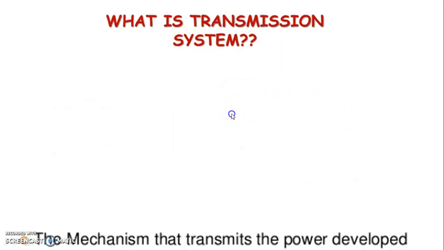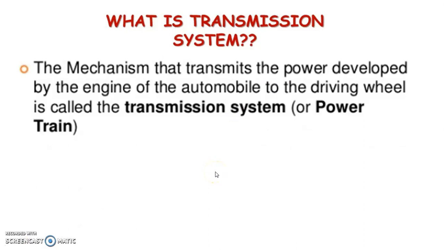What is the transmission system? The mechanism that transmits the power developed by the engine of the automobile to the driving wheels is called the transmission system, and it is also called the powertrain. So it is a mechanism. What is this mechanism doing? It is transmitting the power developed by the engine to the driving wheels.